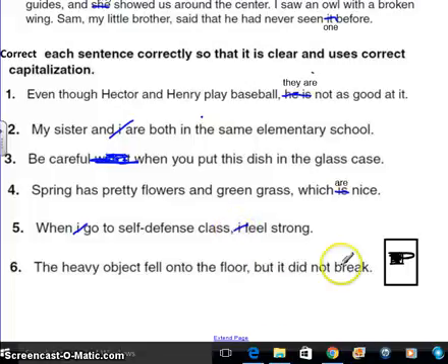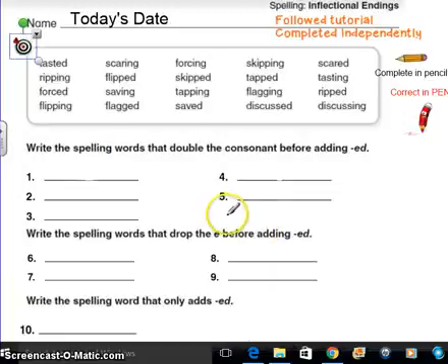Good. The heavy object fell onto the floor, but it did not break. I'm not sure if I really see anything wrong with that, particularly. We'd probably say it like that. The heavy object fell onto the floor, but it didn't break. Yeah. All right, so let's continue to the next activity.